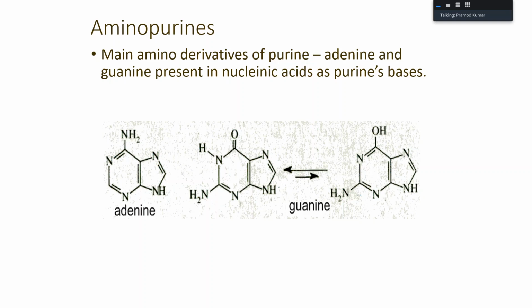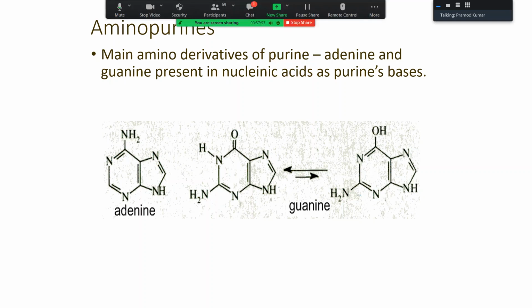When you study medicinal chemistry, these structures form the basis. Guanine, adenine, cytosine, thymine, hypoxanthine, they are all the basis for your nucleic acids. Okay, so purine bases and pyrimidine bases. You have to remember all these structures. They are the basis for your nucleic acid.